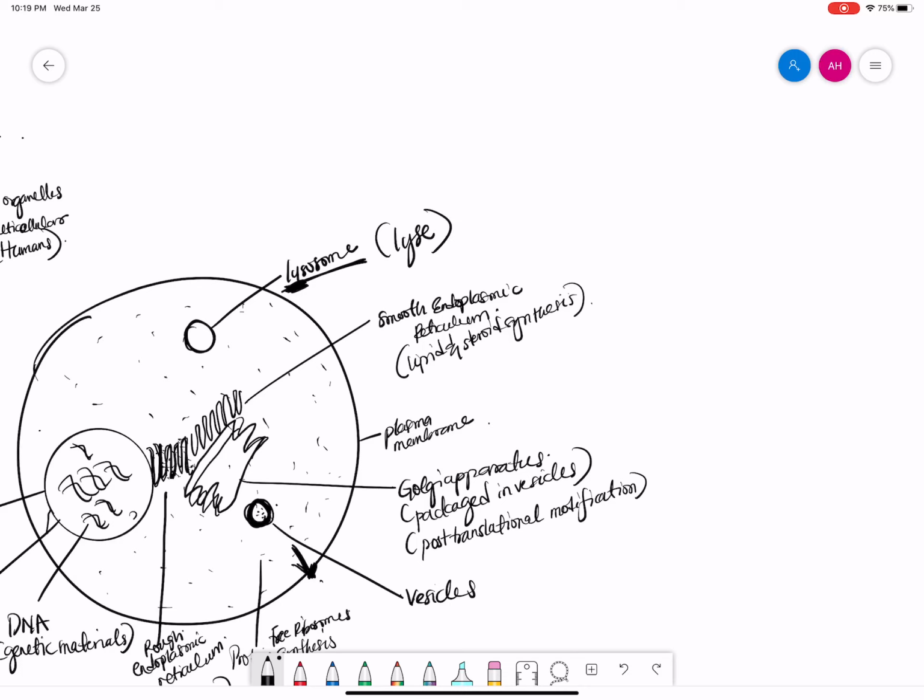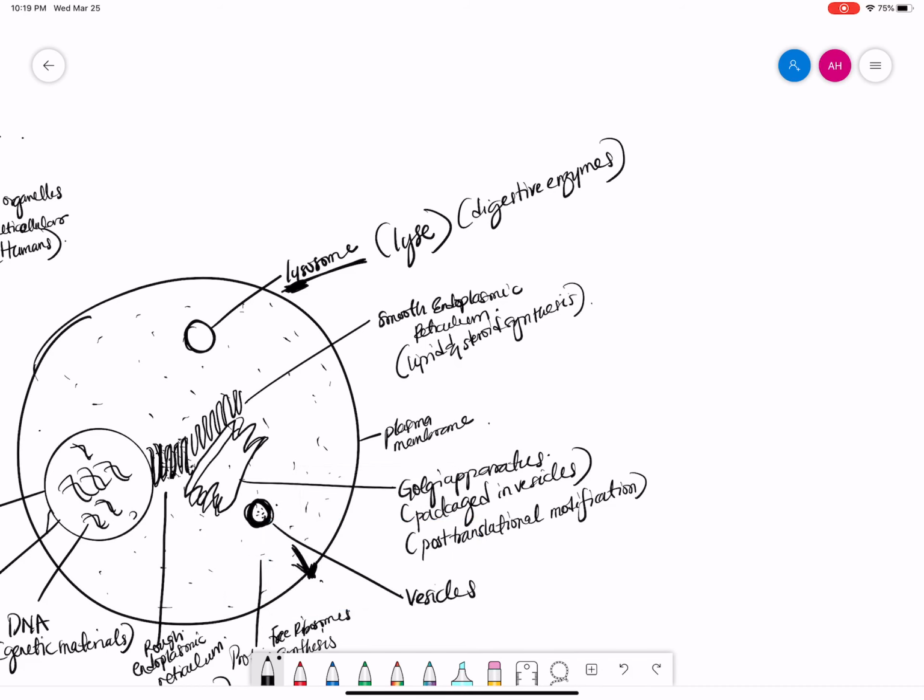And so the function is it contains digestive enzymes that help digest things within the cell. So especially if you have an old organelle that's tired, the lysosome can engulf that organelle and destroy it. Or if a lysosome bursts open and ruptures, it can digest the entire cell. So this is like a waste area of the cell. It helps to digest things within the cell.